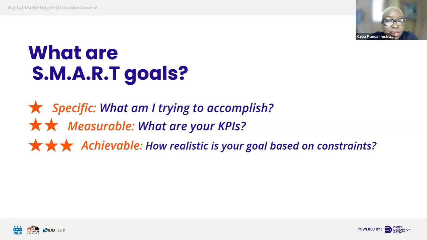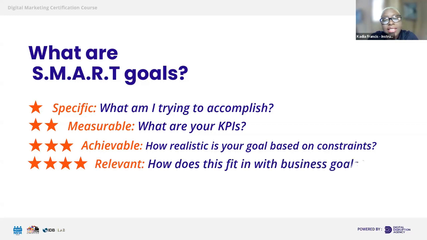As a small business, what are some of the constraints you have? Monetary constraints, time constraints, labor constraints, family. You may have a full 9 to 5. So within those limitations, what can you achieve? And then, is it relevant? How does this fit in with your larger goals, your overarching goals, your vision, your mission statement?